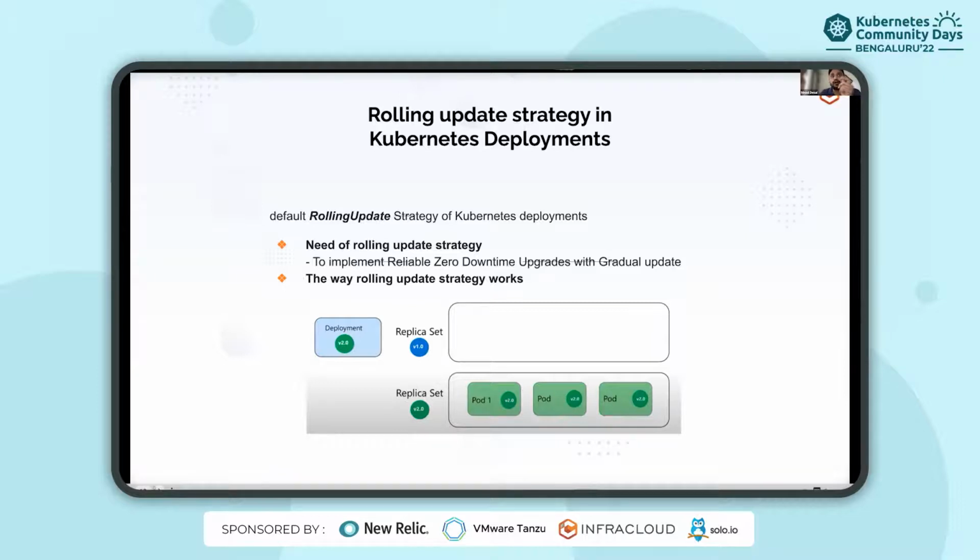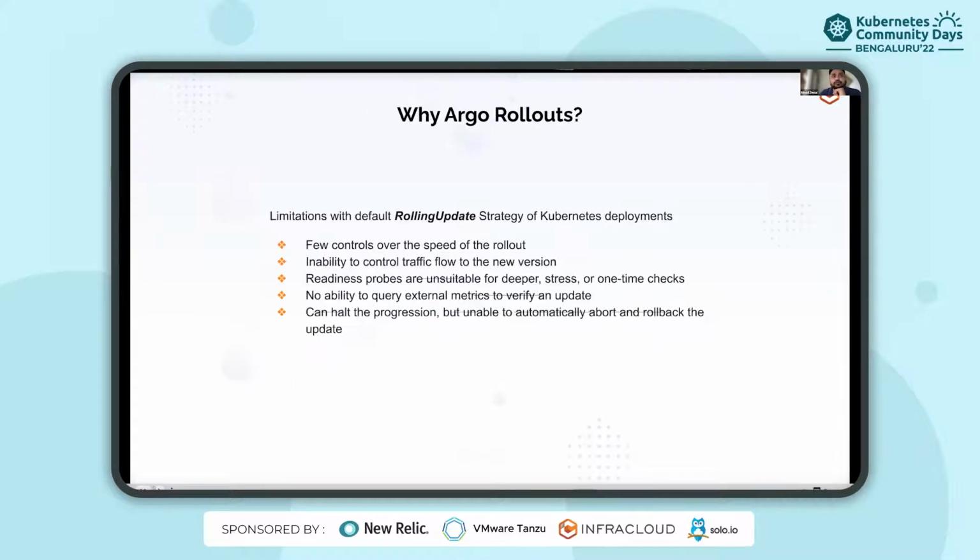So there would be a question: this is already helping me do a minimal downtime deployment, so why would we still need something like progressive delivery? The reason is that even though rolling update has helped us, it has some limitations. You cannot directly control the speed of the rollout. Second, you cannot control the traffic flow to your new version compared to your older version. In some scenarios, readiness probes are unsuitable for deeper or stress tests.